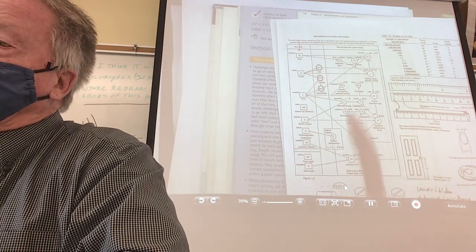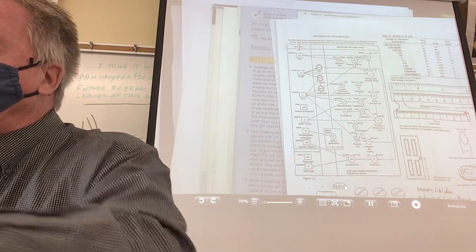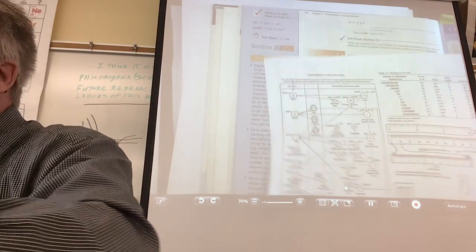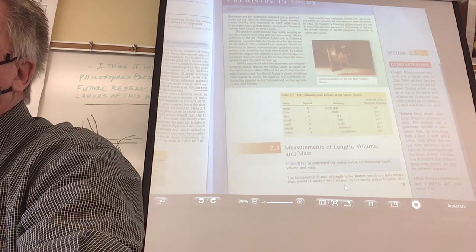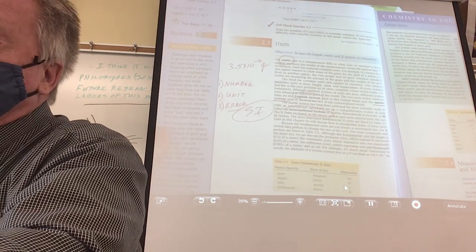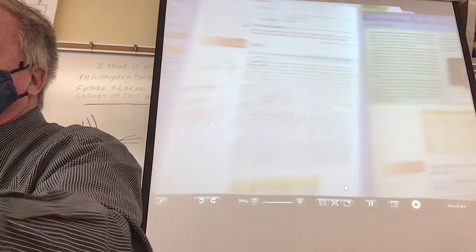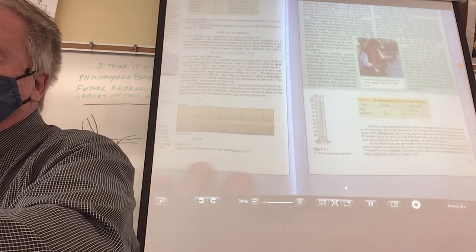I just wanted to touch on that. I'm not going to have you memorize the chart or anything like that. But even your book talks about the 7 base units. They're right here on the very next page. These are the base units right here. Anyway, let's go on to the next page.